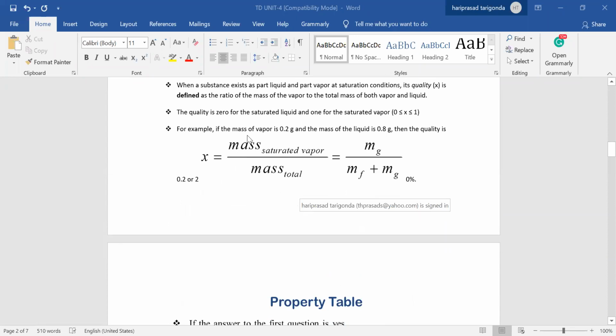Next one is, for example, mass of vapor is 0.2 grams and mass of the liquid is 0.8 grams.